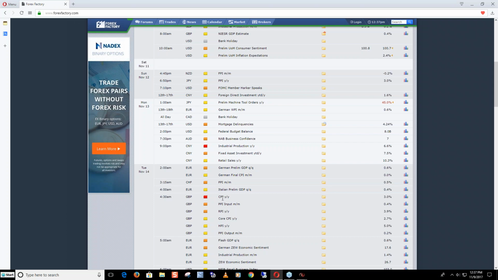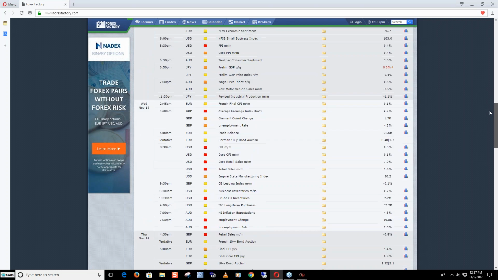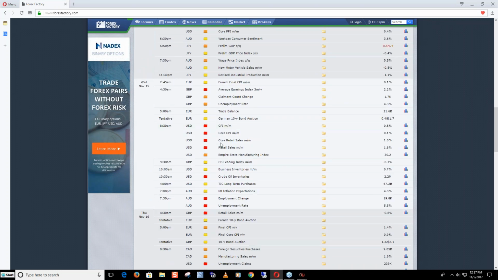British CPI. We're not doing the zoo. US PPI on Tuesday. The British jobs numbers will probably be a trade. US retail on Wednesday. Crude on Wednesday. Australian employment. A lot of trades next week.